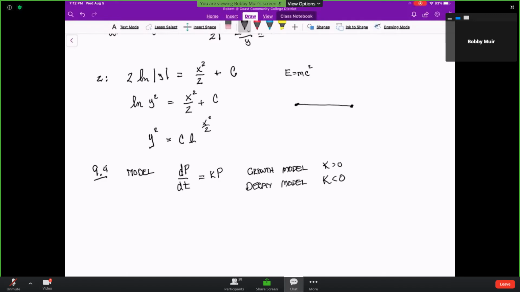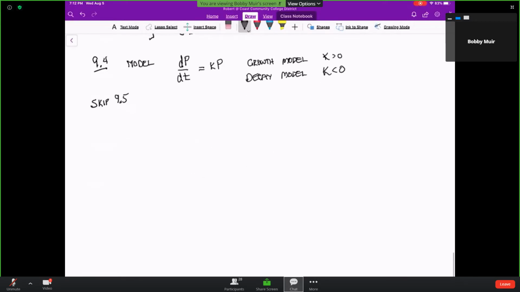Okay, so I'm going to go ahead and skip 9.5 altogether. This is more Newton's law of cooling, direction fields, and no one ever remembers any of this stuff. If it ever shows up, you have to do a review.